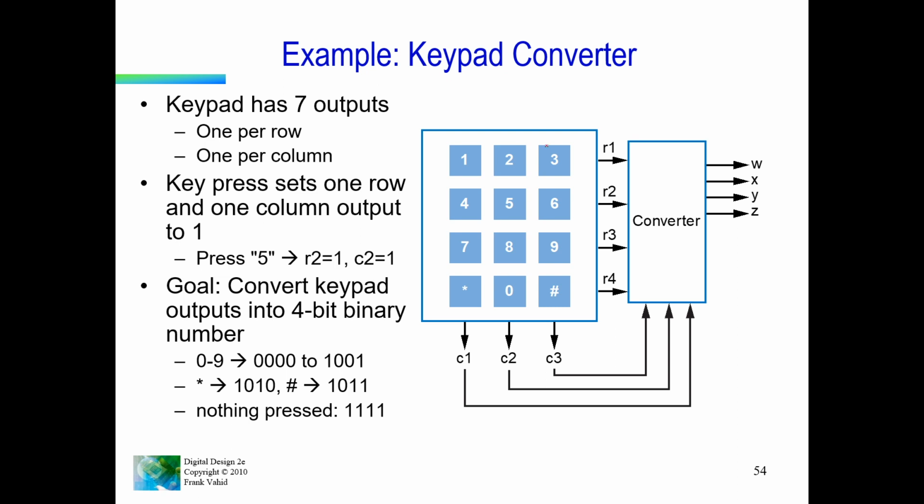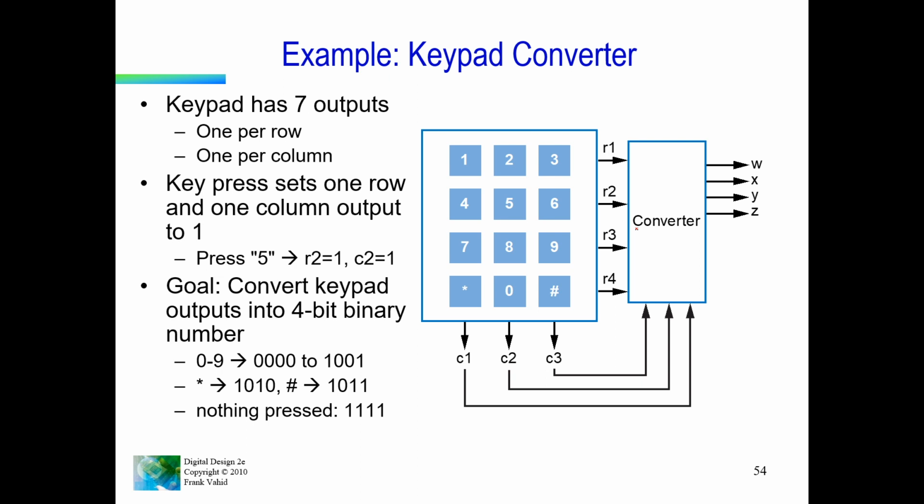So there are 12 different inputs that may be pressed by the user. Each row is connected as an input to our circuit. This circuit is the one that we have to design now. And also each column is connected as inputs to our circuit.